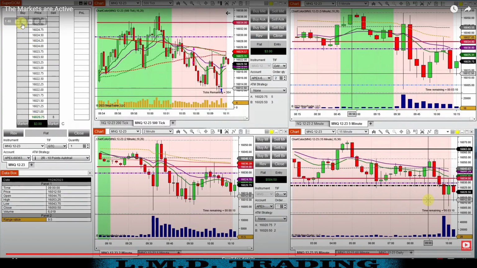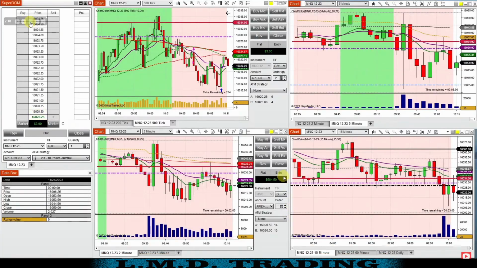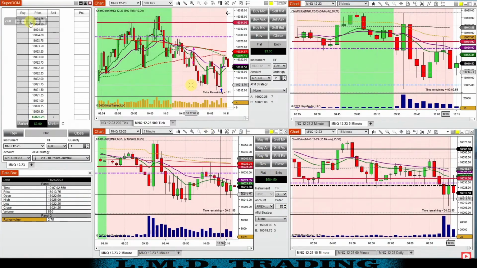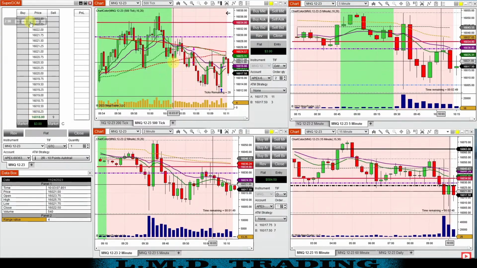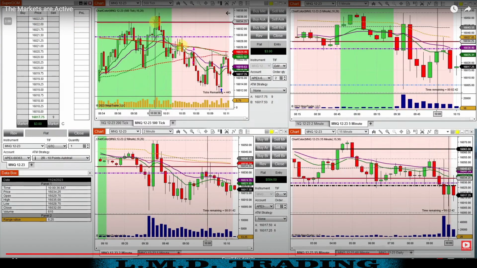Let's speed this up and watch this thing play out. So it comes back up. It retests the 40 SMA. Very good level to get retested.